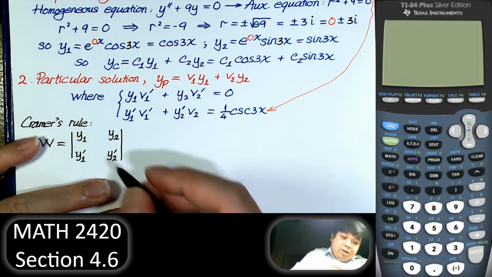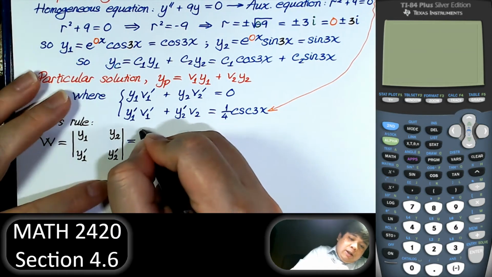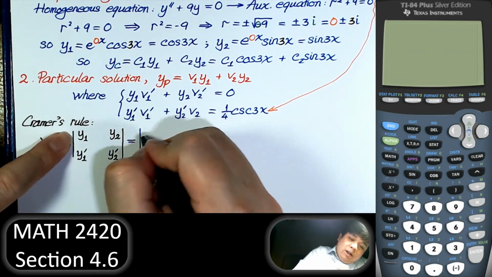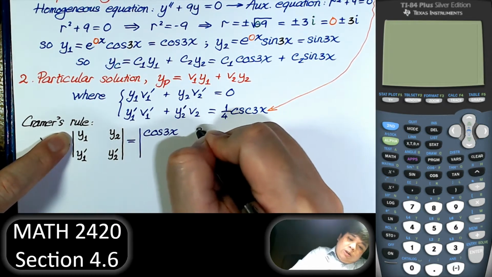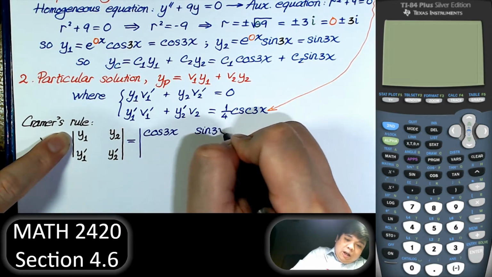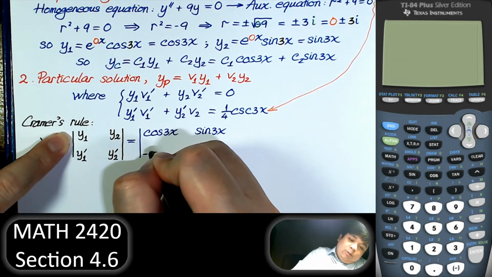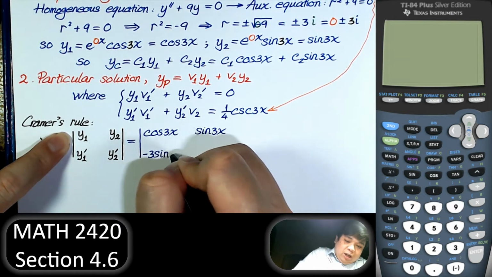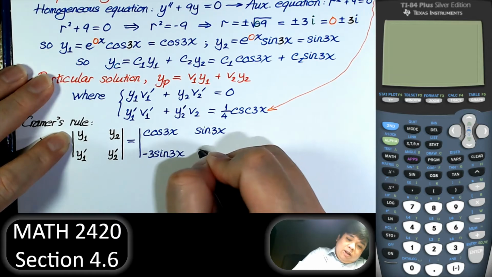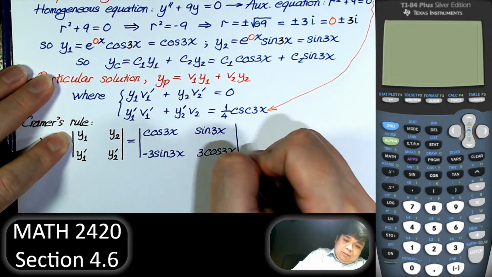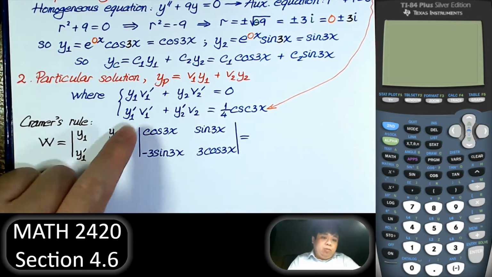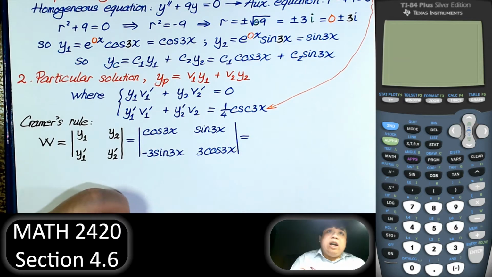Right, let's do that first. y1 is cosine of 3x, y2 is sine of 3x. Now take derivatives. The derivative of cosine of 3x is negative 3 sine of 3x. The derivative of sine is 3 cosine of 3x. Now, cross multiply and subtract.